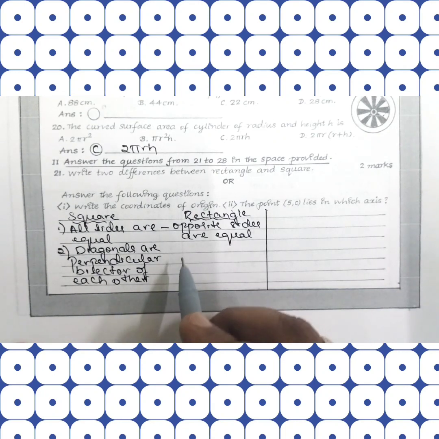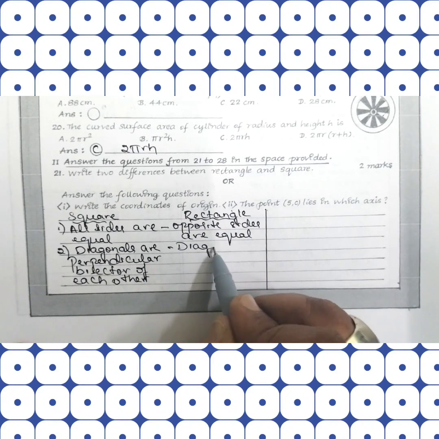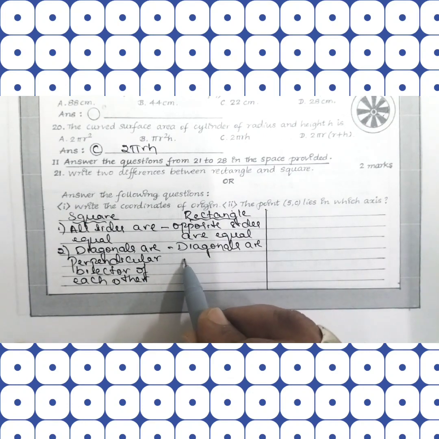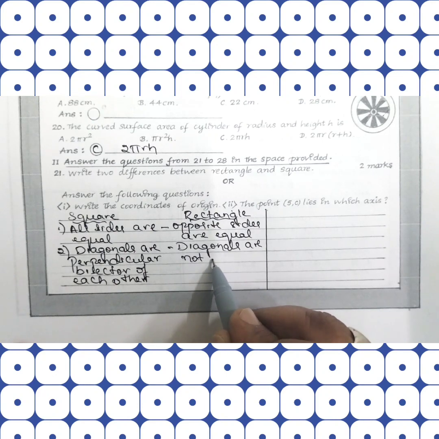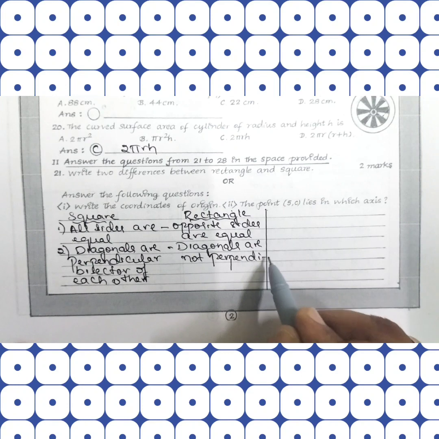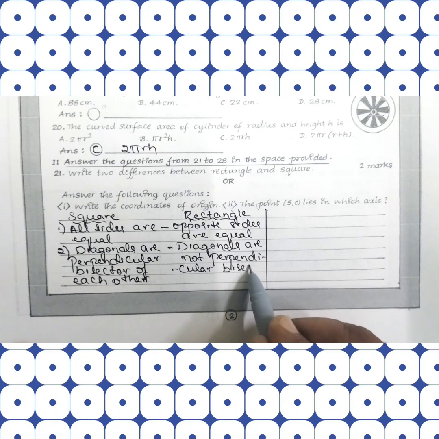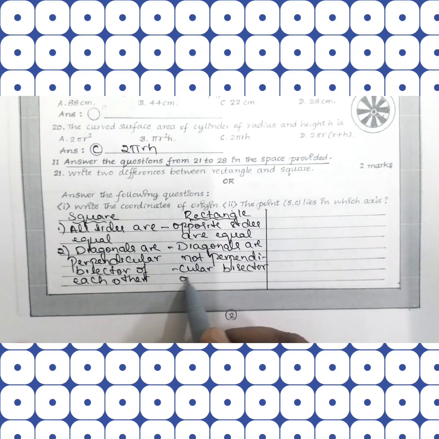In a rectangle diagonals are not perpendicular bisector of each other.